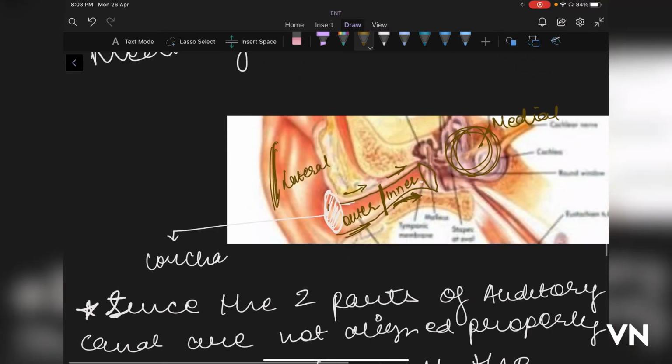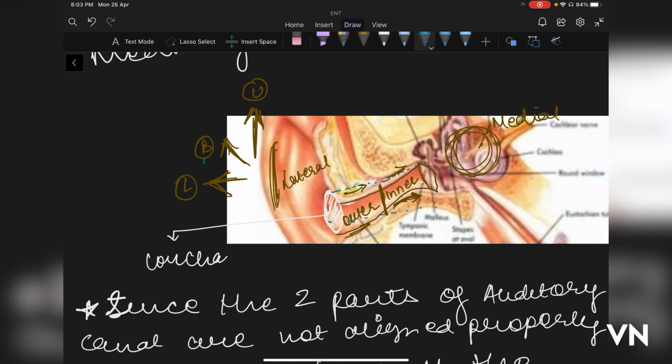Right? So how will we pull it? We will pull it upwards, and a little bit to the back. So this would be upward, this would be backwards, this would be laterally. We are pulling the pinna. So what will happen? This will come into alignment. How will it come into alignment? Upward pulling. So this will go like this and it will become like this. Then backward pulling. So this will come in position with this.